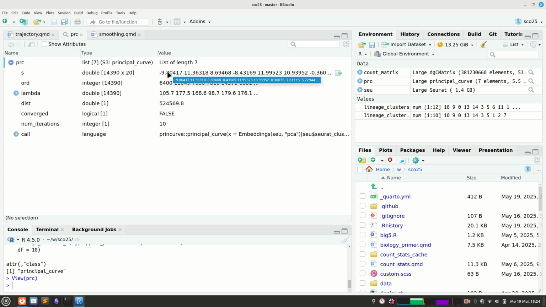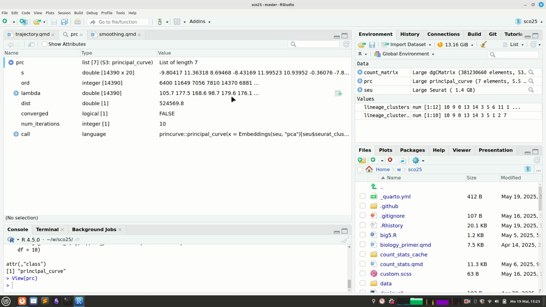So the cell which was first in our input matrix is on position 6400 if you arrange all the cells according to their position on the curve. So each cell, this cell, for example, has now this position on the curve, and we can, of course, give it some coordinate by saying how far is it from the starting point, and by this we can order the cell. And here you see for each cell its place in this ordered thing.